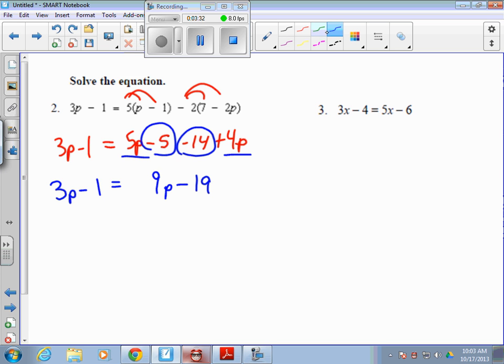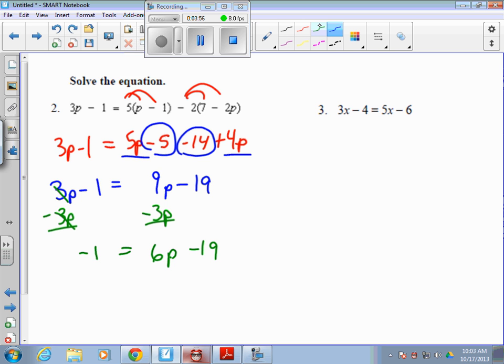Move your smaller p over to the larger p side. 3p is smaller than 9p. It's positive, so subtract it, to get rid of plus 3p. If you do it to the left, subtract the right. 9p minus 3p is 6p. You still have minus 19 on the right. You still have -1 on the left.